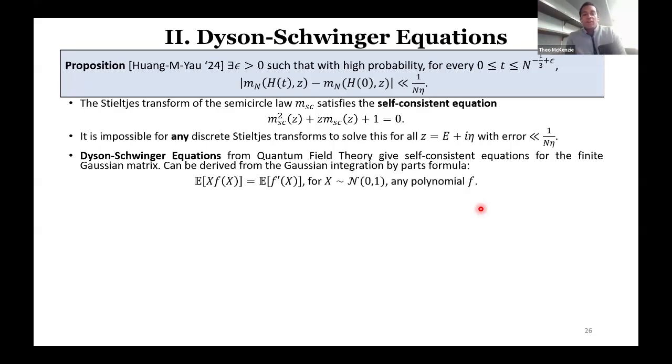So the point is that what we were doing before is just showing very, very tight approximation to the semicircular law. But this level of approximation can never be achieved when we're comparing a discrete object, so an n by n matrix, with this infinite object, which is like the infinite tree. So what we actually need to pass to doing is comparing the finite object, so this n by n matrix, with another n by n matrix, which is just the Gaussian matrix.